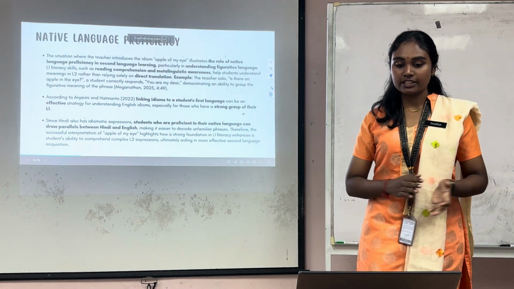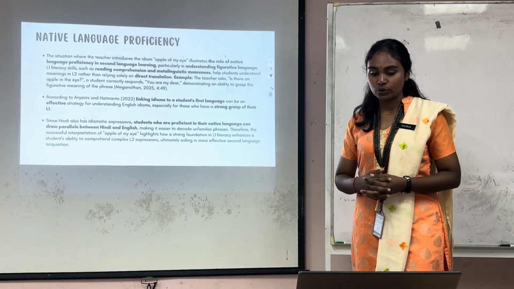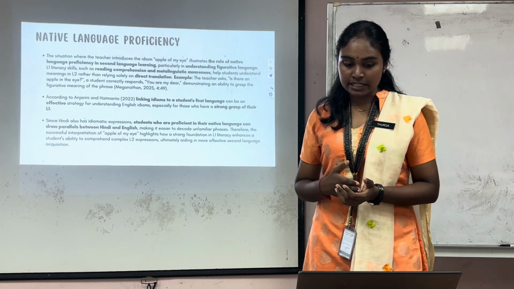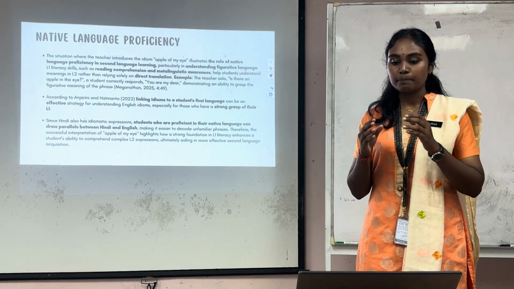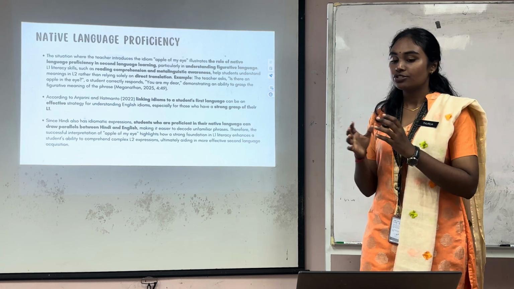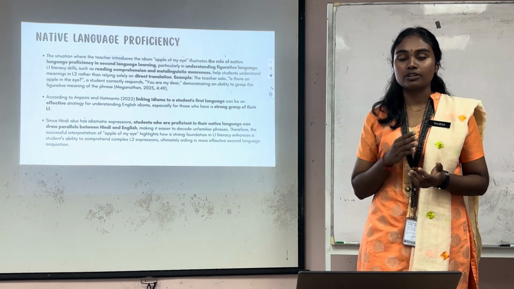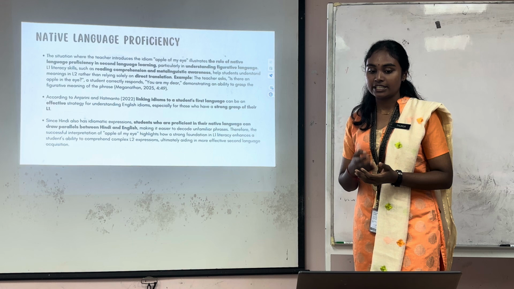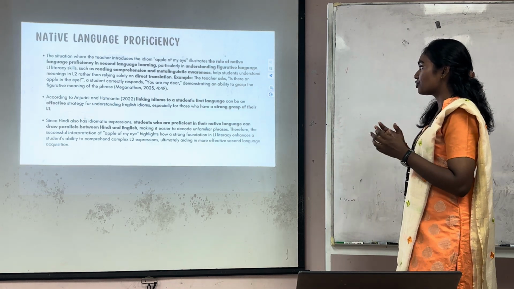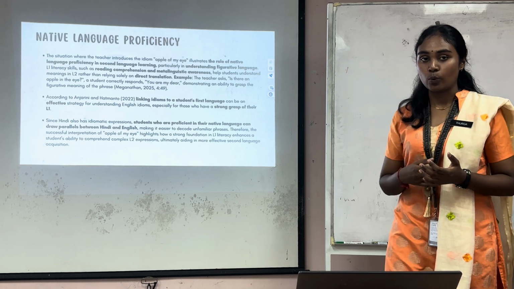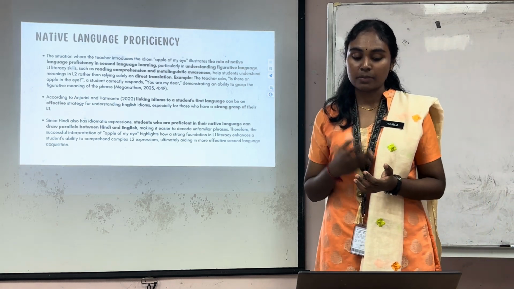According to Anjareni and Hatmanto 2022, linking idioms to a student's first language can be an effective strategy for the students to understand the English idioms, especially for those who have a strong grasp of their L1, which is their mother tongue.